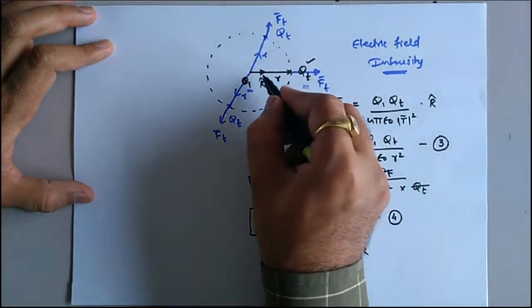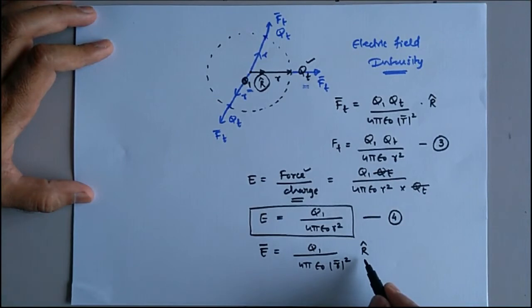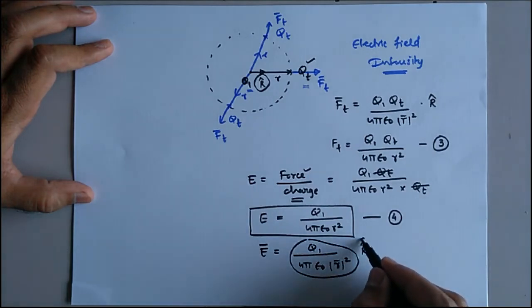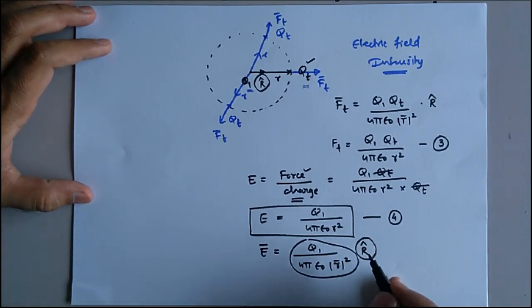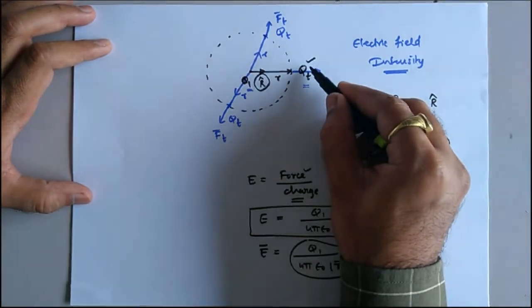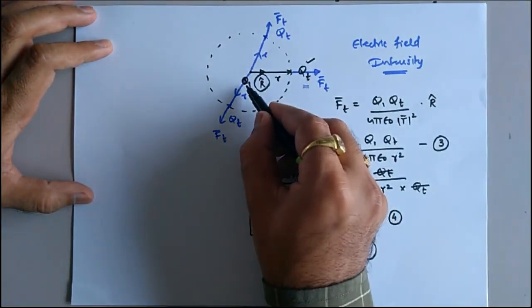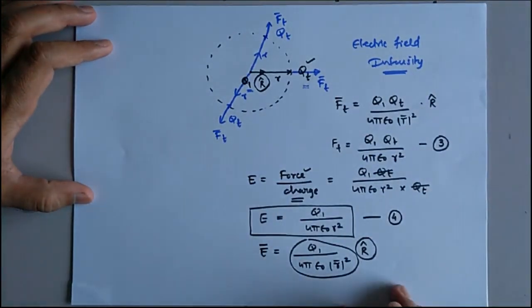Our unit vector is capital R cap, so we multiply this expression by capital R cap. This expression indicates the magnitude of electric field intensity, and this factor indicates the direction. So it is a vector field because of which this test charge experiences a force of repulsion with respect to charge q1, and that vector field is known as electric field intensity.